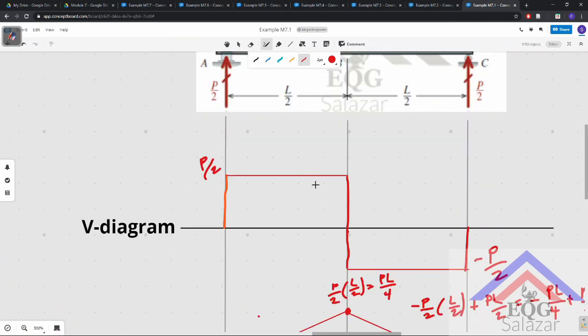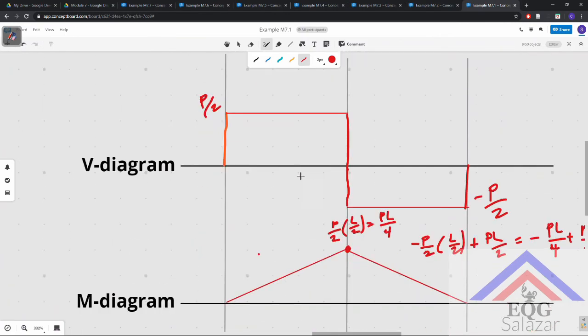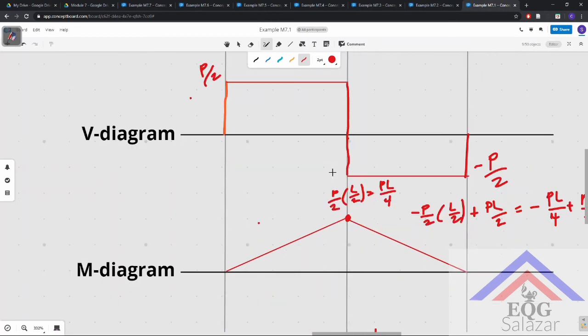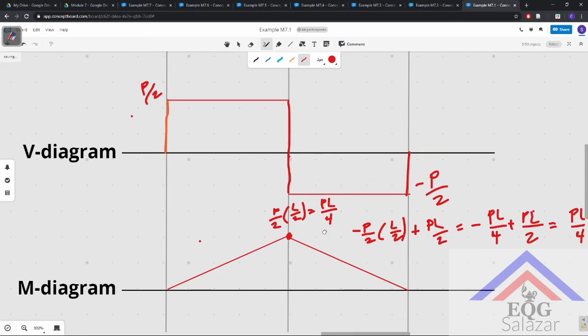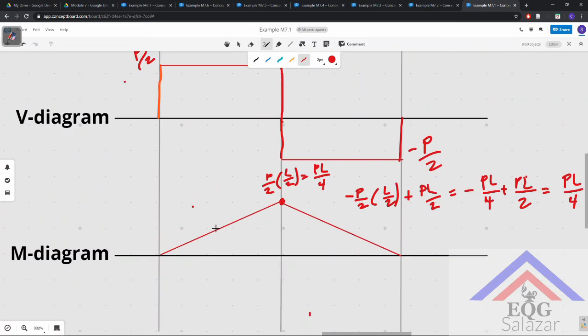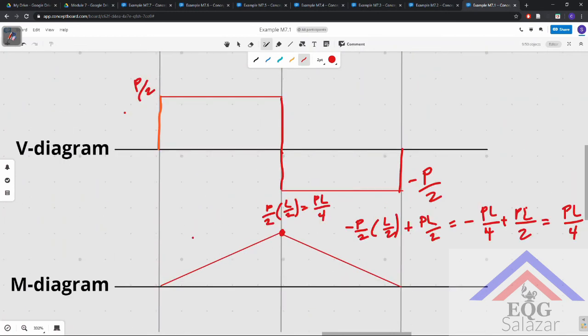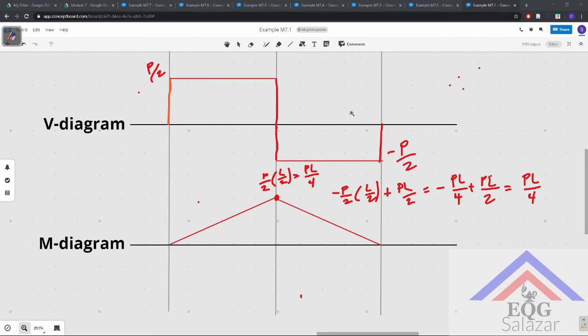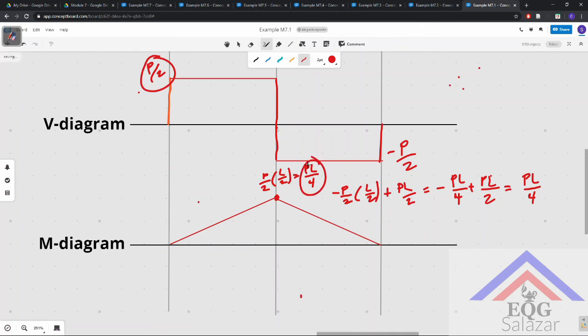So here we have successfully drawn out the shear and moment diagram for the given beam. And so we determine the maximum positive shear to be P over 2, and the maximum positive moment to be PL over 4.